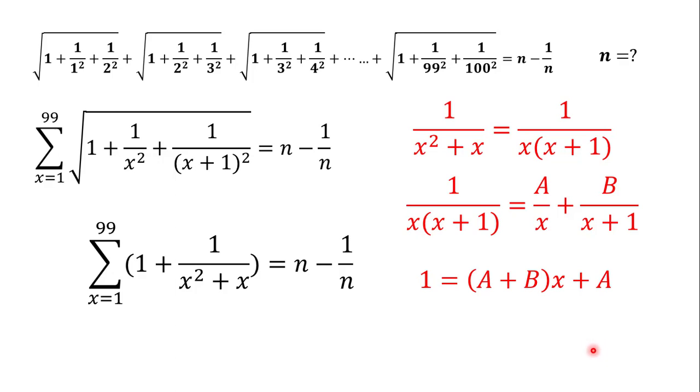From this equation, I can write a plus b equals 0 and a equals 1. From this, I can say a equals negative b, and since a equals 1, b is going to be negative 1.